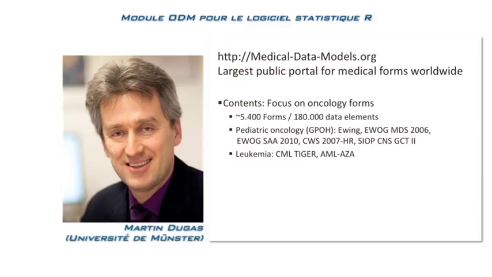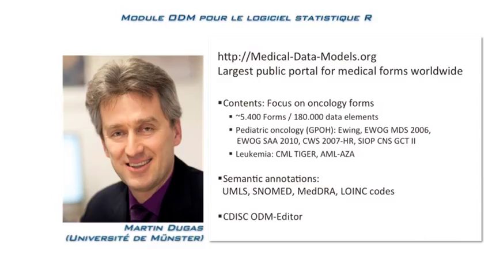Then also through our research activities, we have forms from several different leukemia trials. The National Cancer Institute started an initiative to post CRFs on the internet, so here we also have quite a few forms. And what we are doing, we are also adding semantic annotations to these forms, in particular UMLS, SNOMED codes, but also where available MedDRA or LOINC codes.